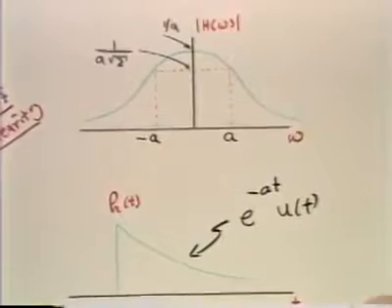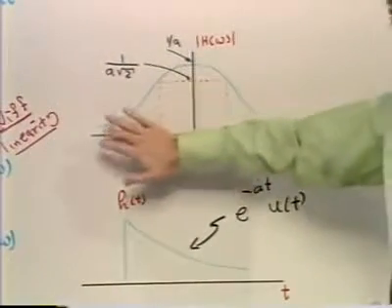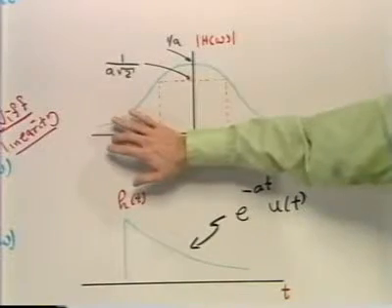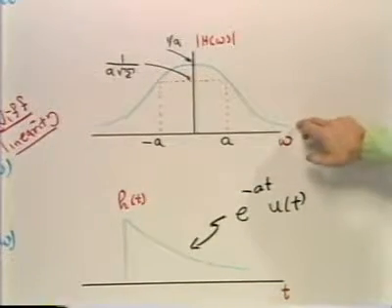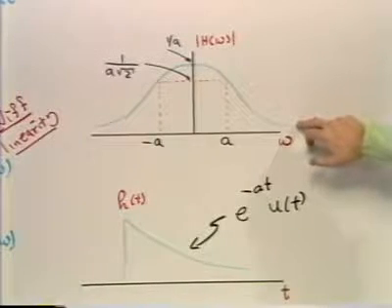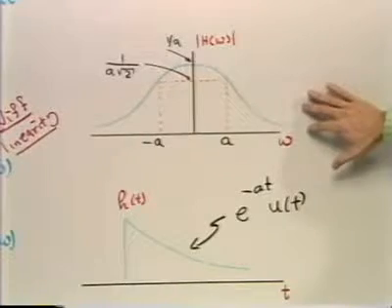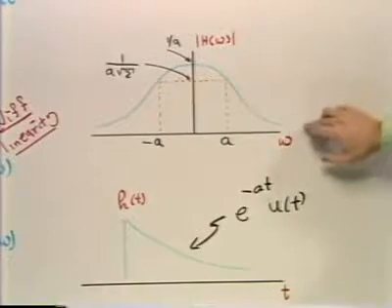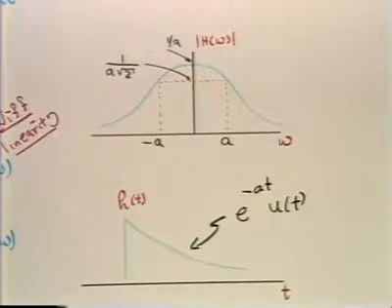Now let's go back up and look at the magnitude of the frequency response. And given just a little bit of discussion that we had previously about filtering, you should be able to infer something about the filtering characteristics of this simple first-order differential equation.